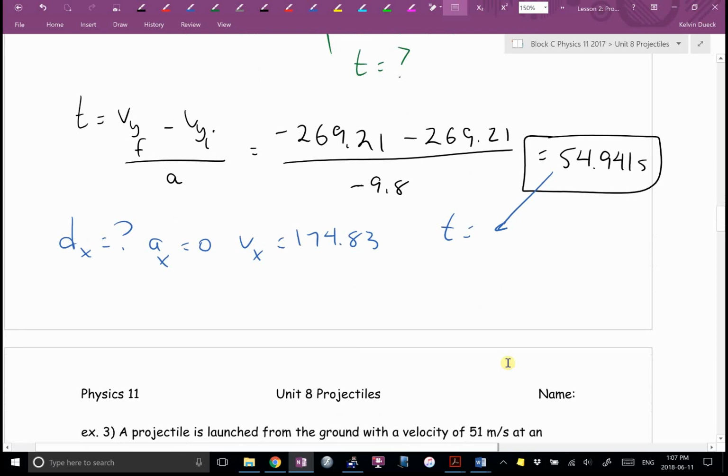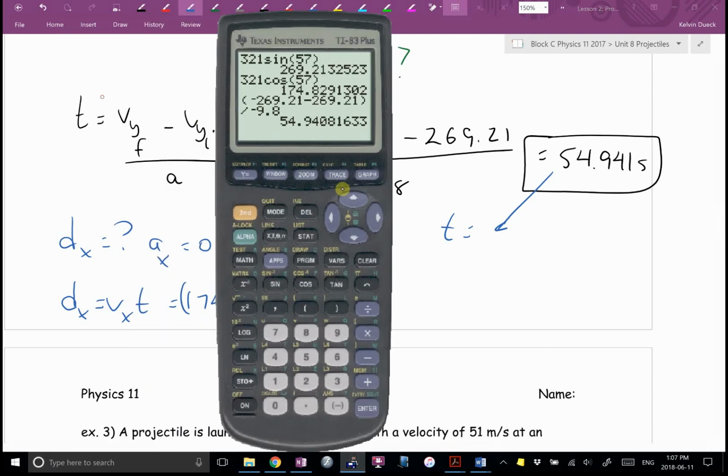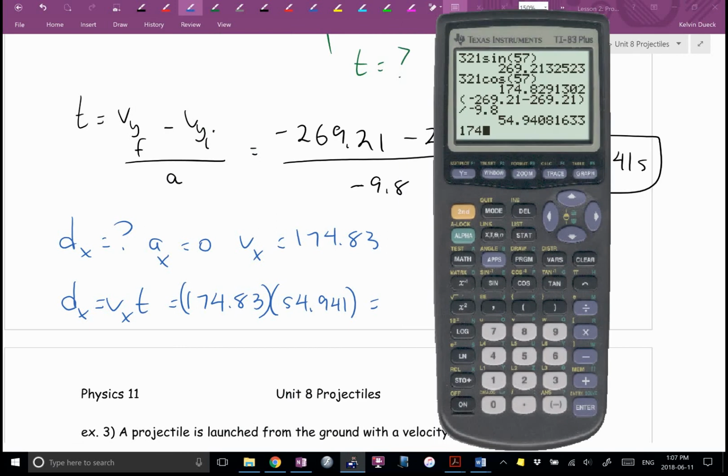Hannah, which equation can I go with here? Of course, I'm going to use my answer button. 174.83 times answer button.